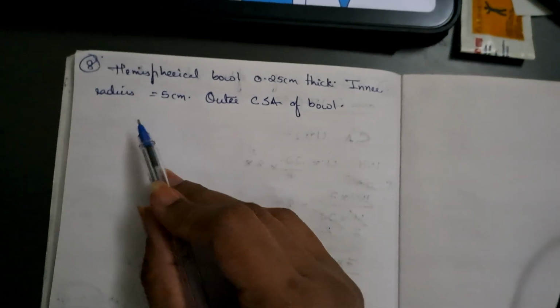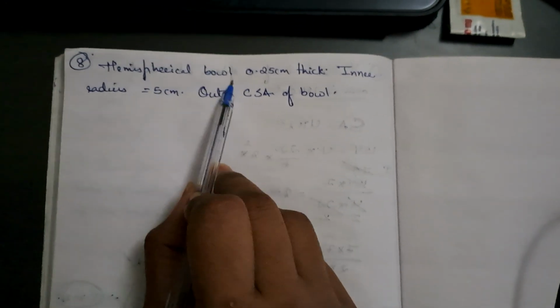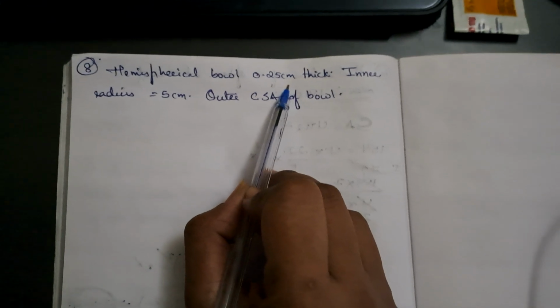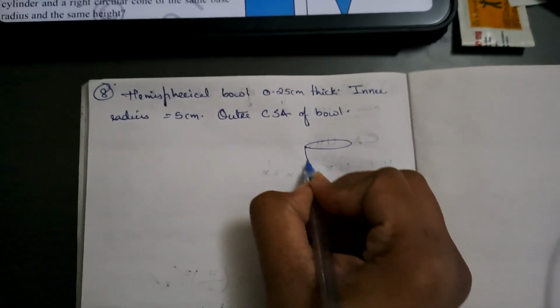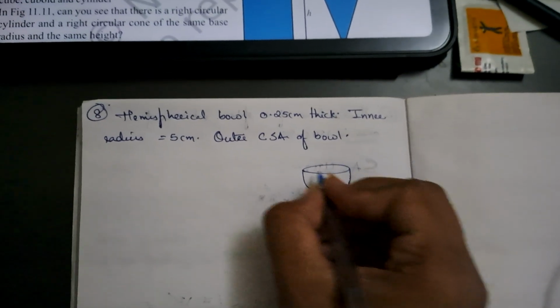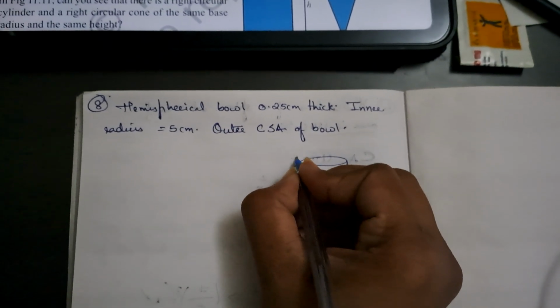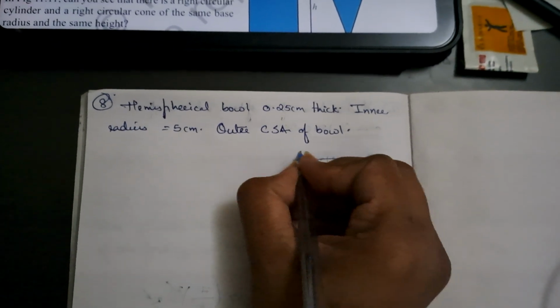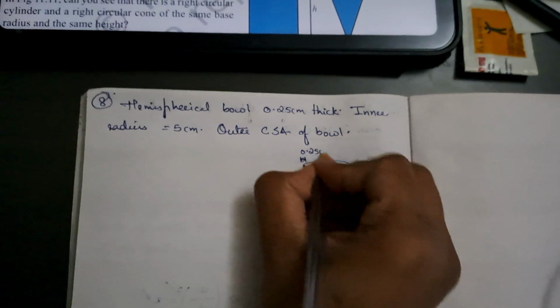Now, looking at the eighth question, it says the hemispherical bowl of 0.25 centimeters thick is being considered in here, which is made up of steel. Okay, there's a bowl. Now it is having a thickness, because it's a bowl, that means this distance is given to me as 0.25 centimeters thick.